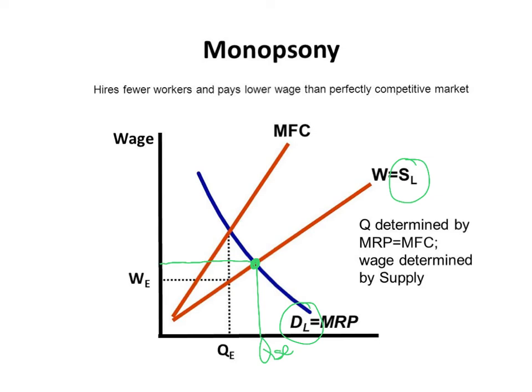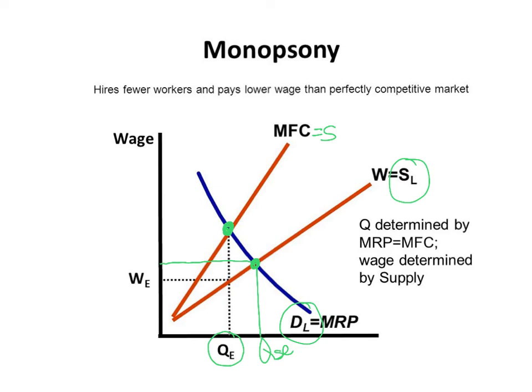Because a monopsony does not have competition, they are going to decide on the number of workers where the marginal cost curve, which is the supply curve for the firm, intersects the demand for workers. So the QE would represent the quantity that the firm would hire.